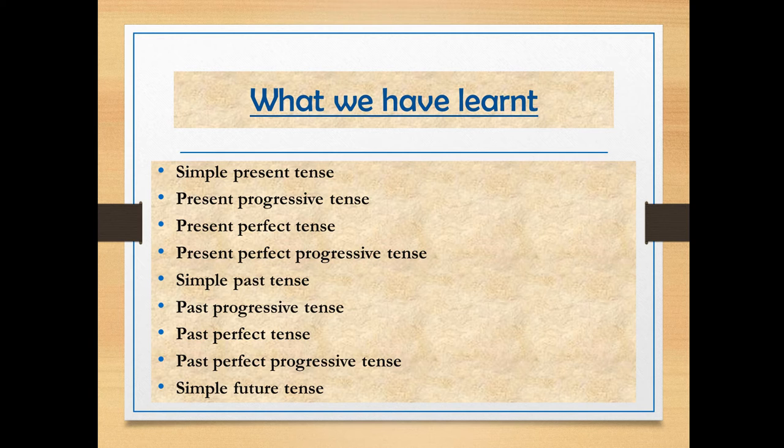So these were the four subparts each of present tense and past tense, which we learnt in our previous videos. In our last video we also learnt about simple future tense, right? Now today we will proceed further.